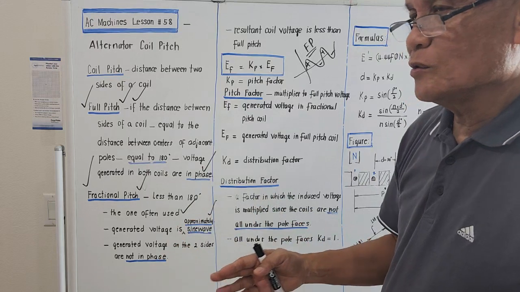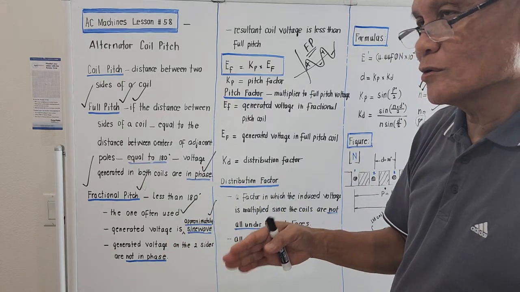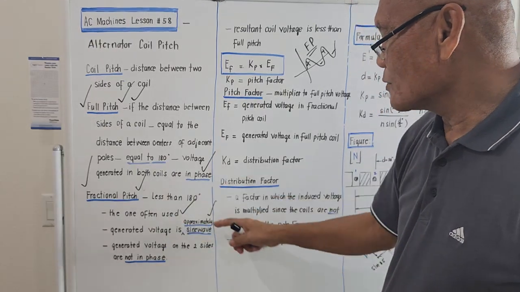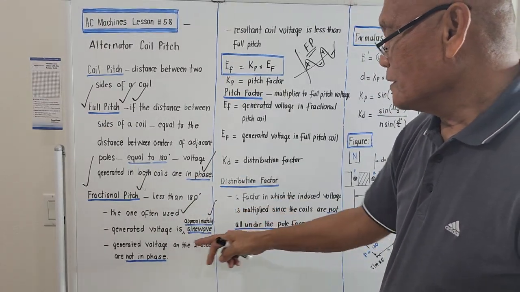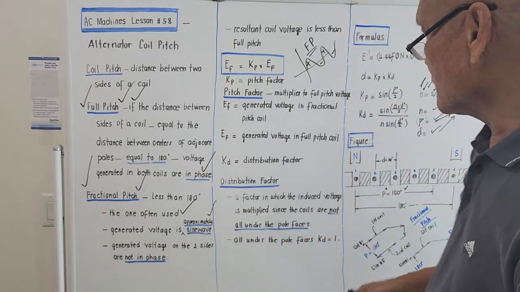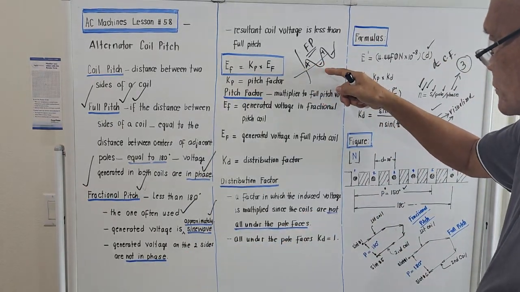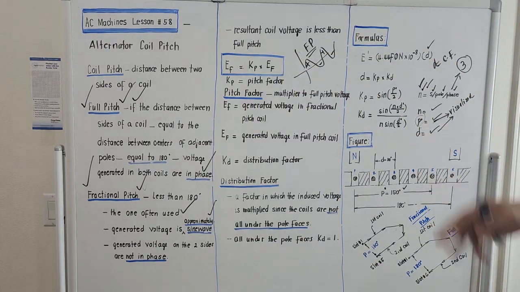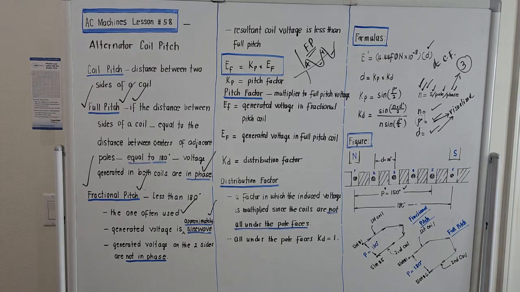This is the one they usually use in the design of alternators, and the voltage generated is approximately sine wave. The generated voltage on the two sides of the coil are not in phase. Like what I said, if this is plus, the other one is minus. Okay? It alternates. That's why it's alternating current.